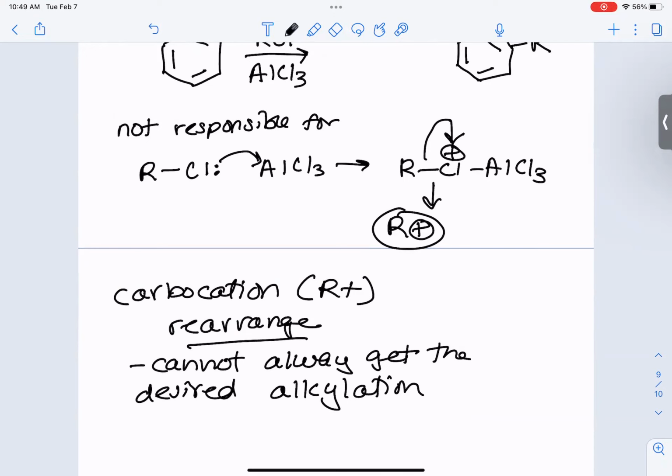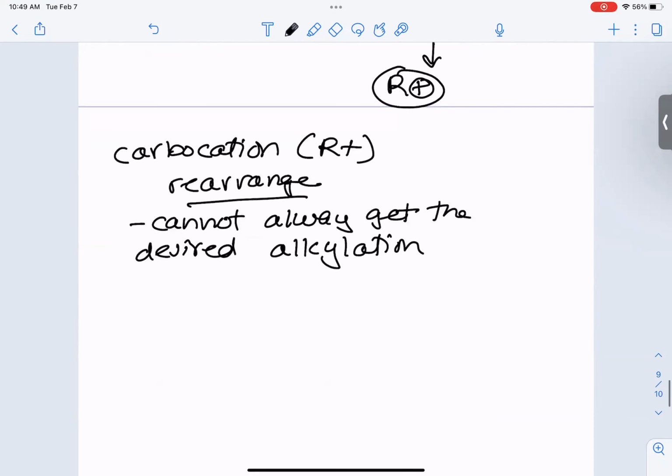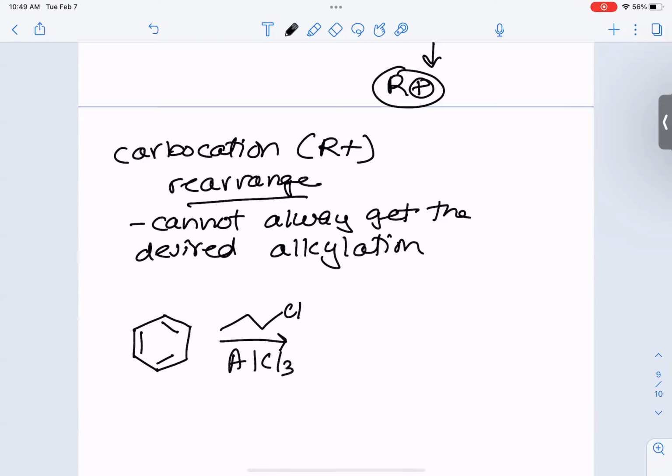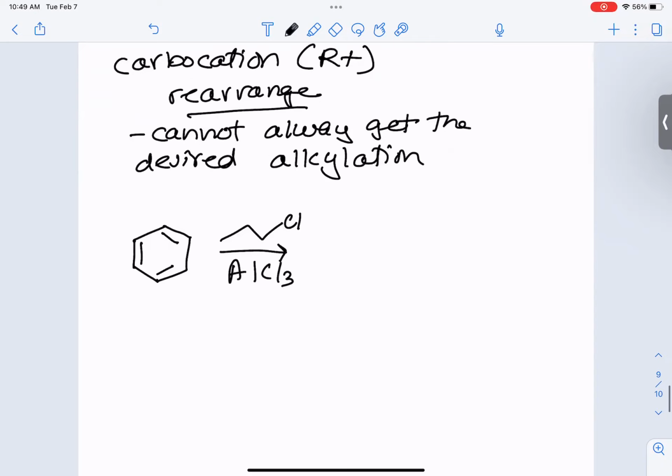So I'll show you an example of this. If we have benzene and we add our alkyl halide, one, two, three. Does everybody see that that's the carbocation that gets generated? Okay.